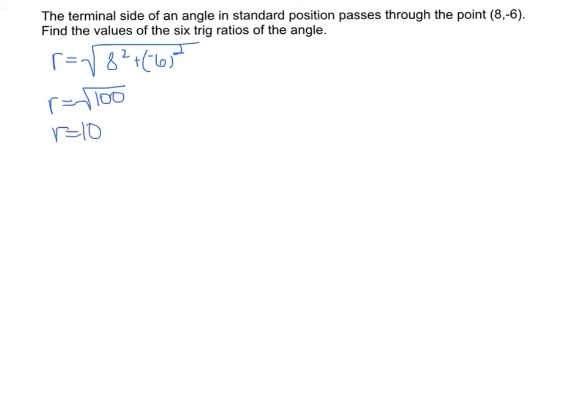So in this case, r is equal to 10. Here, I'm just going to start right off the bat. 6 over 10 can be reduced. So this is really negative 3/5.